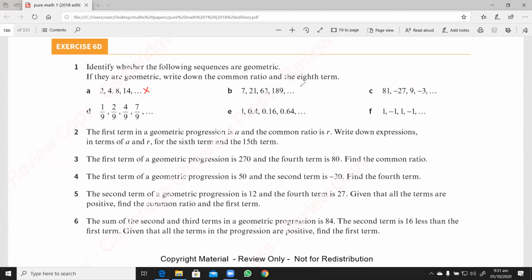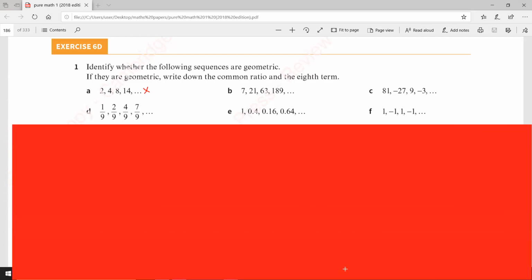And this one, is it a GP? Yes? 7, 21, 63, 189. Yes, sir. Okay, so if you recall your AP, if there was a third term, we were writing it as A plus 2D.